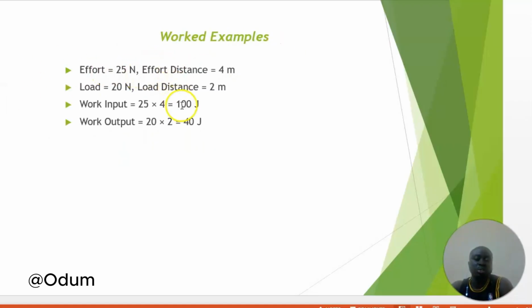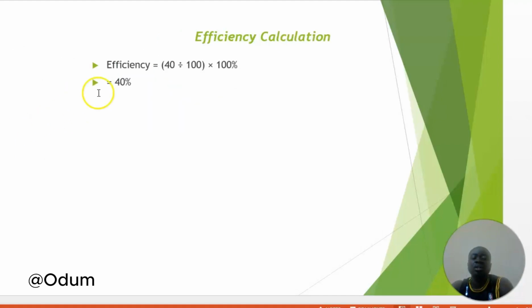So if you want to calculate our efficiency, it's just the work output over work input. So work output is what? 40. So we have our 40 divided by our 100 times 100. So this is the calculation.